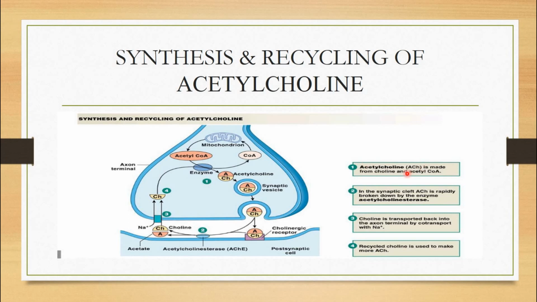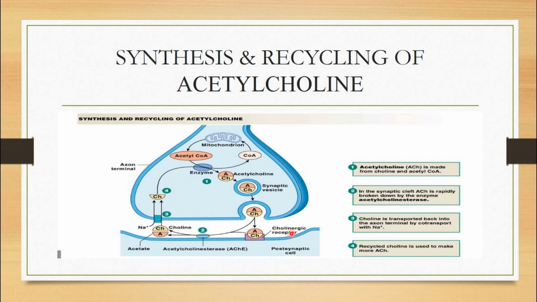Step 1, you can see acetylcholine is made from choline and acetyl-CoA. Then step 2, in the synaptic cleft, acetylcholine is rapidly broken down by the enzyme acetylcholinesterase. This is the enzyme. Step 3, choline is transported back into the axon terminal by co-transport with sodium ion.